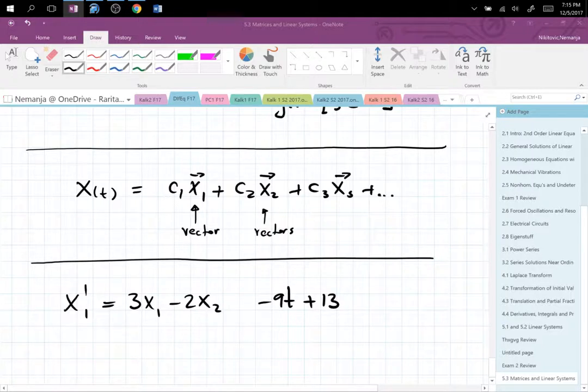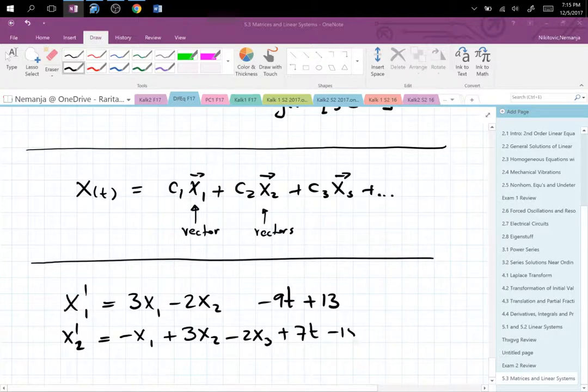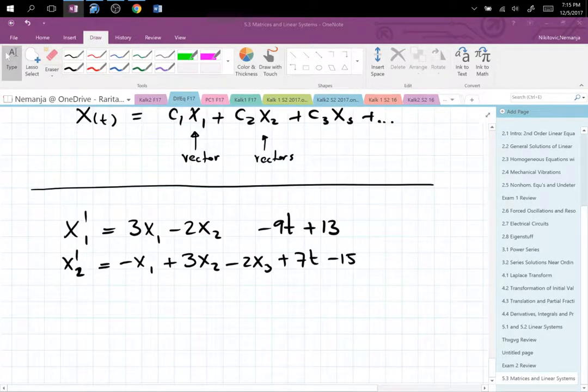So observe this system. We have a system of 3 equations with 3 unknown functions, and it's also non-homogeneous because you have this negative 9t plus 13 and so on.